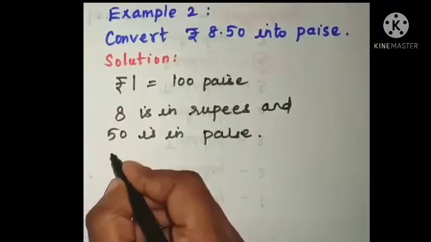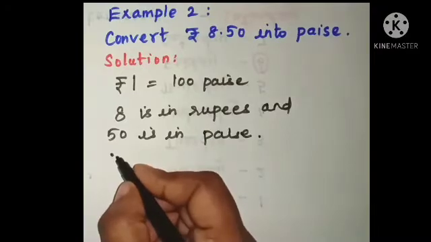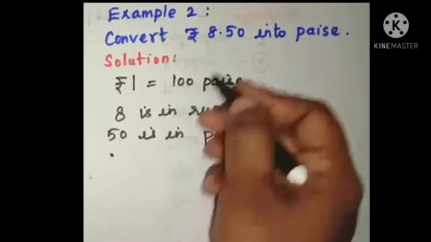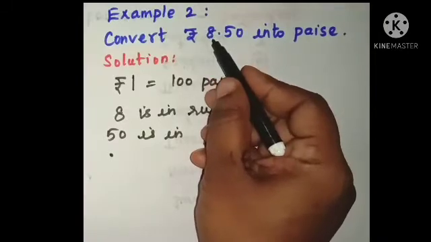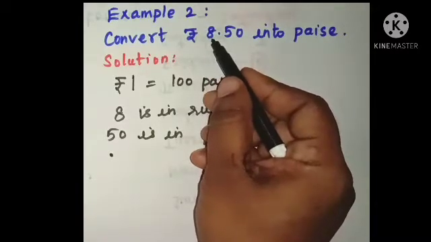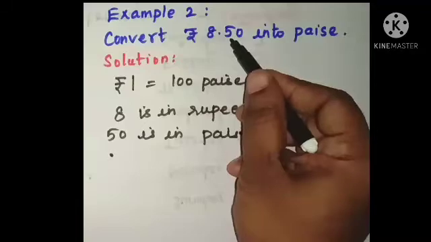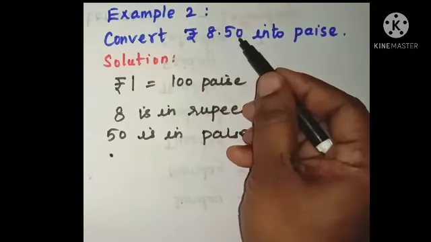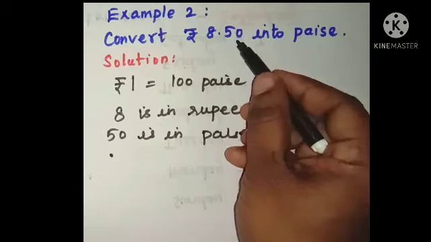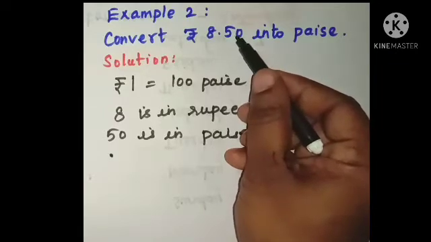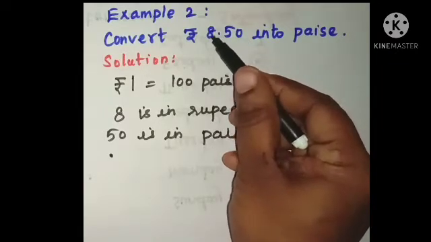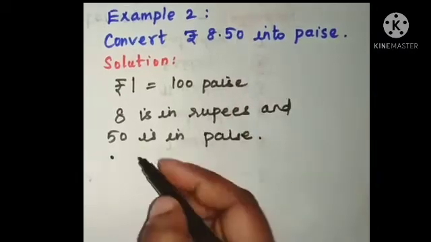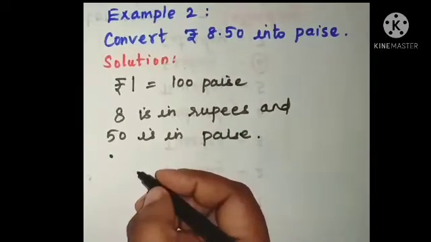Now we have to multiply 8 rupees with 100 and add 50 paise, because 8 is only in the form of rupees. 0.50 represents the paise. So already it is in the paise format. So we need to convert rupees 8 into paise.